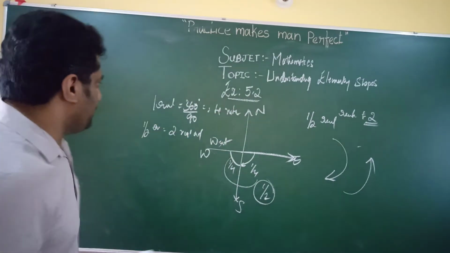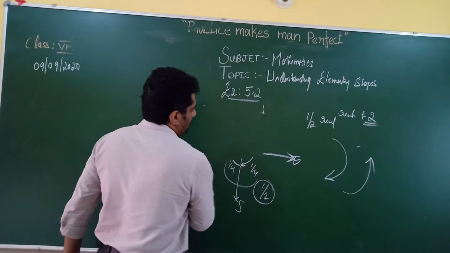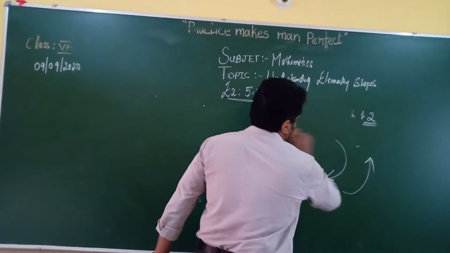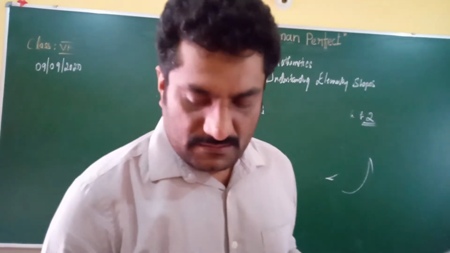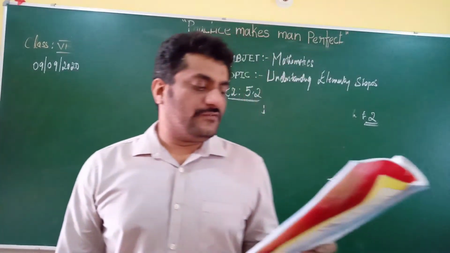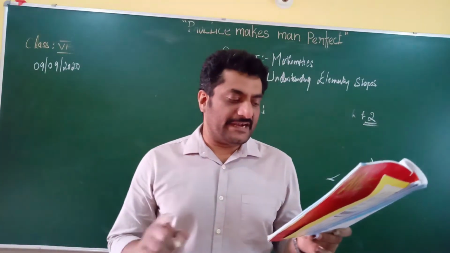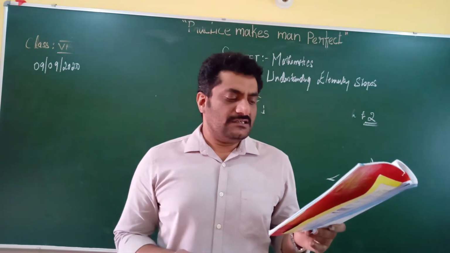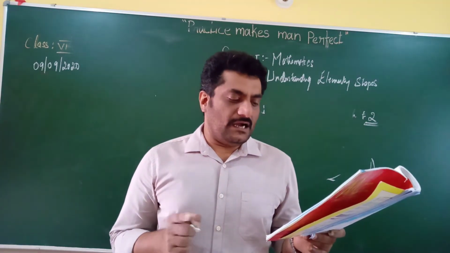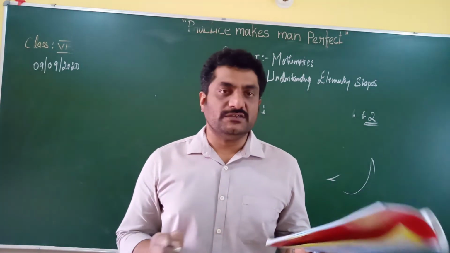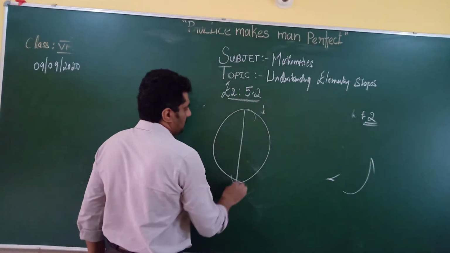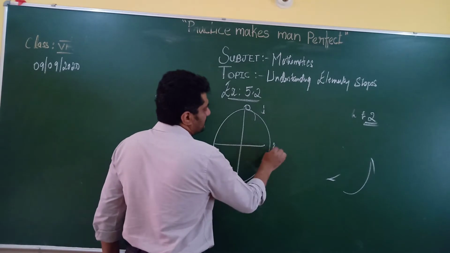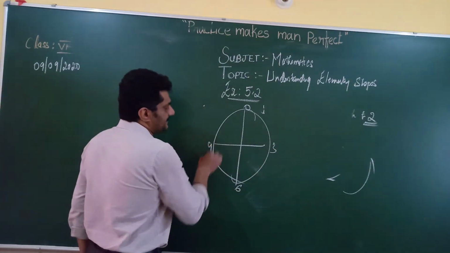Now the fifth one: find the number of right angles turned through by the hour hand of a clock when it goes from 3 to 6. This is 0, this is 3, this is 6, 9.